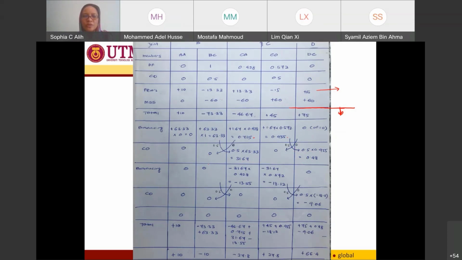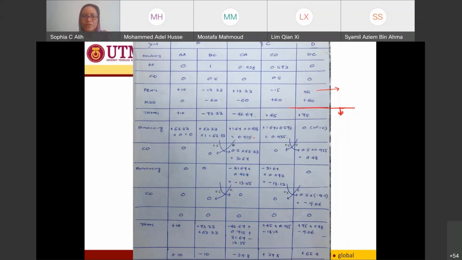For joint B, there is nothing to balance because it's already 0. But for joint C, I have 31.67 positive, so I need to introduce a negative 31.67 and distribute it using the distribution factors 0.428 and 0.572, so I have this one, and this one is 0. So due to this new moment, I have to carry over.